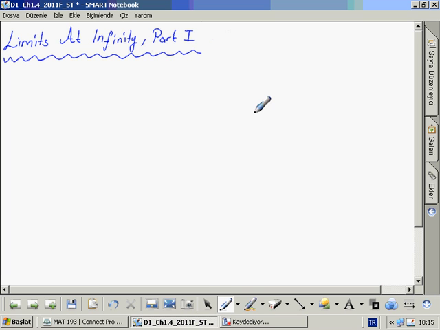In the previous section we saw limits that were infinity, and it's now time to take a look at limits at infinity.